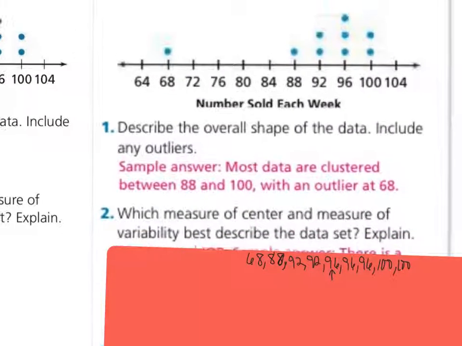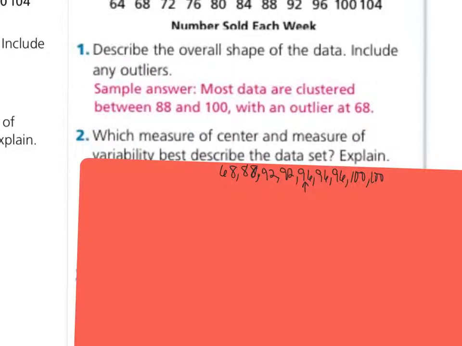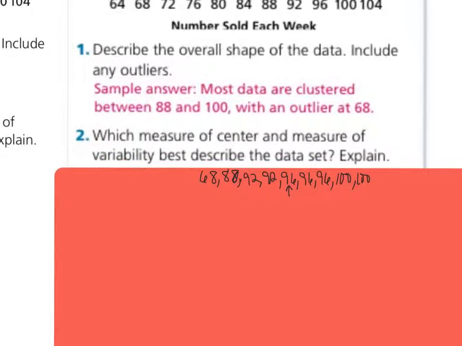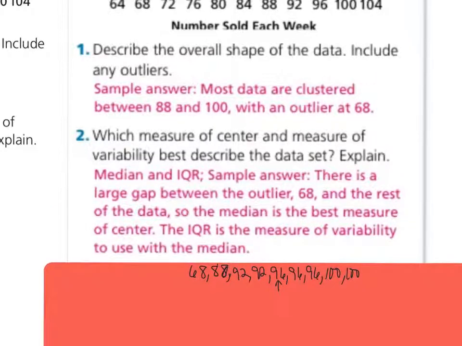Number 2, which measure of center and measure of variability best describe the data set. So we can think about, we had an outlier. So since we had an outlier, then the median would be a good choice, and also the interquartile range would be a good choice for measure of variability.